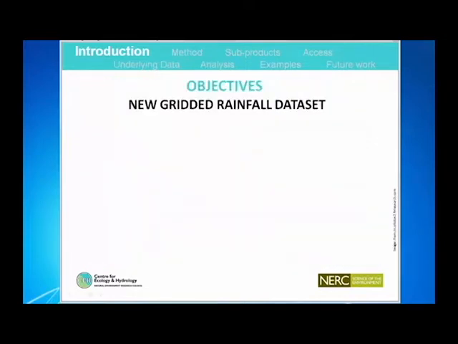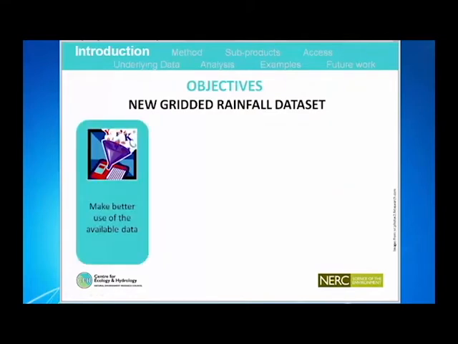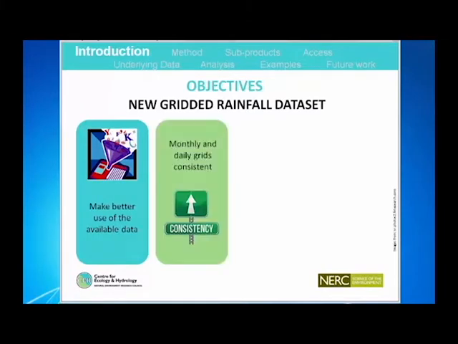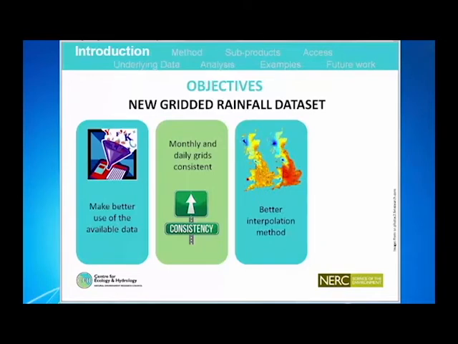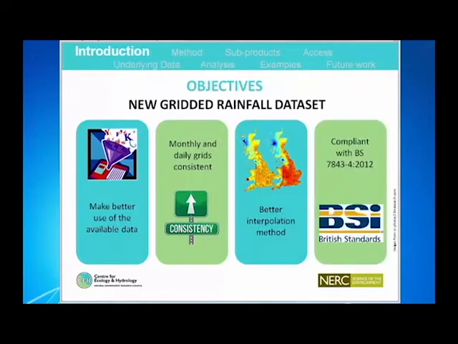So the objectives for the new gridded dataset are to make better use of available data, to have monthly and daily grids consistent, to use a better interpolation method, and we also wanted the dataset to be compliant with British standards.